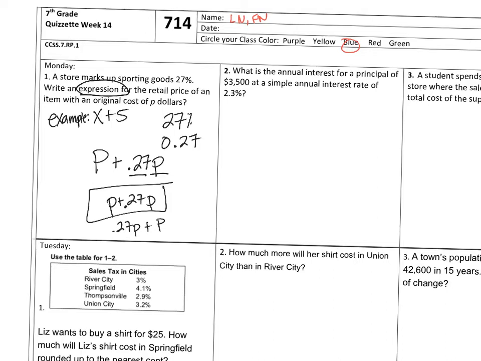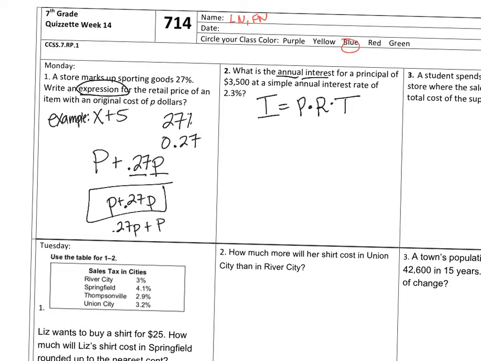Number 2. What is the annual interest for a principal of $3,500 at a simple annual interest rate of 2.3%? All right, so the equation for annual interest or simple interest is I equals PRT. P times R times T. And after the Quizzette video, I'll give you guys a real life scenario that is applicable to me with this formula.